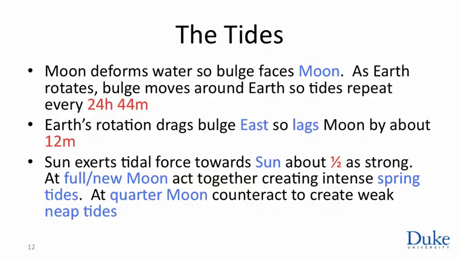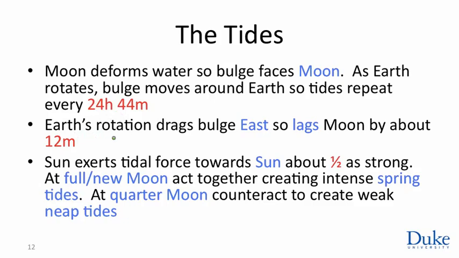To summarize what we've seen, the moon attempts to deform the Earth. It succeeds in deforming the water in the oceans, so there's a bulge facing the moon. As the Earth rotates, the bulge moves around the Earth, so everybody gets 2 high tides and 2 low tides once every 24 hours and 44 minutes. So the time between one high tide and the next is in fact about 12 and a half hours rather than 12.